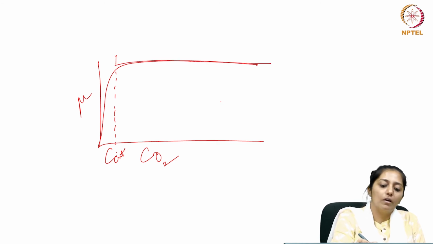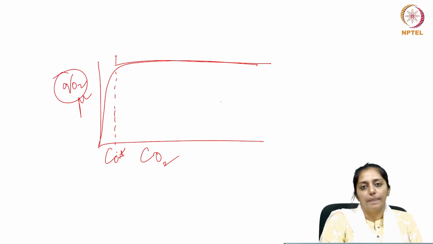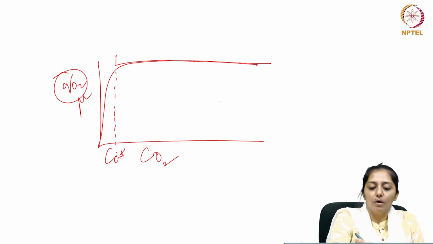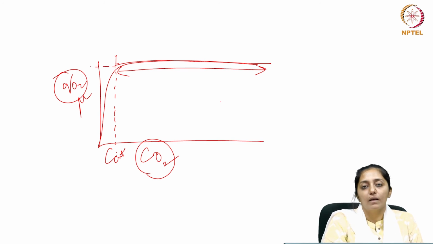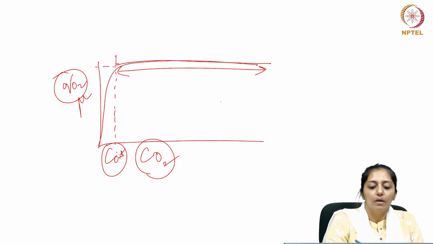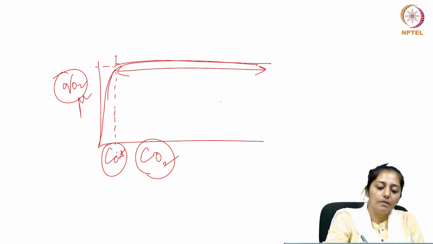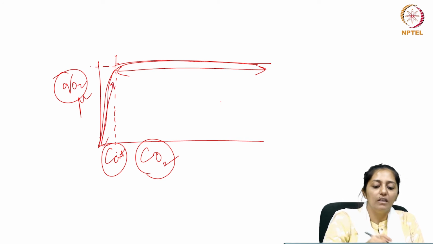You may call this QO2, your specific growth rate or specific product formation rate, which is biomass here with respect to oxygen. Here you will observe that the growth rate of the culture becomes independent of the concentration of oxygen above this critical value, but below this critical value, it varies mostly linearly.